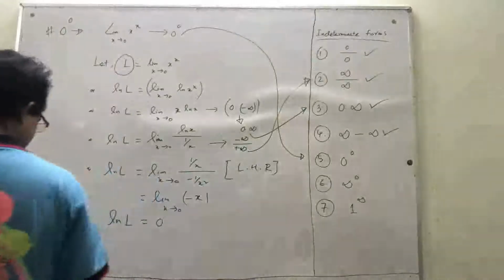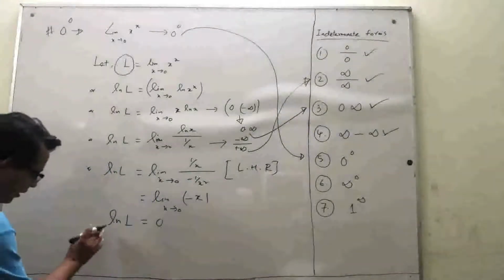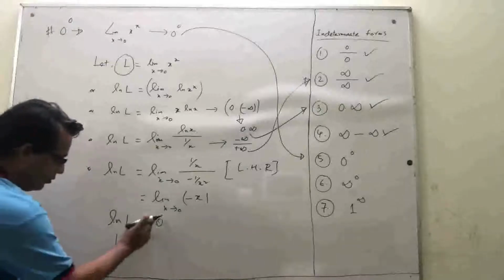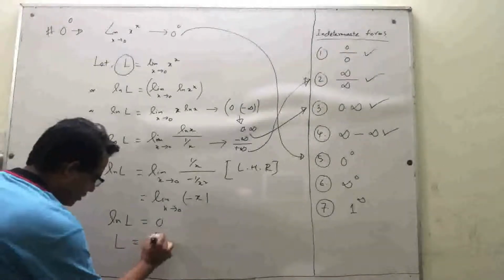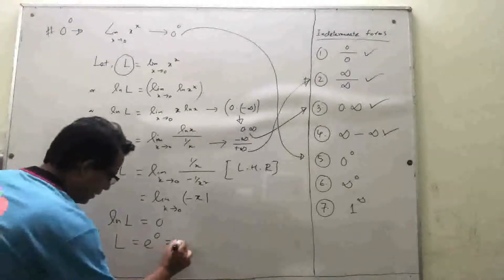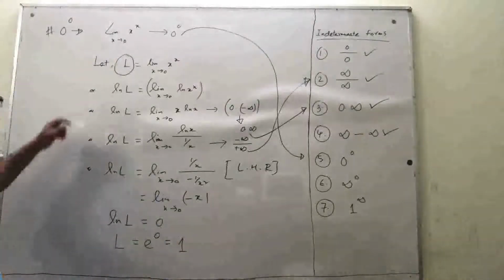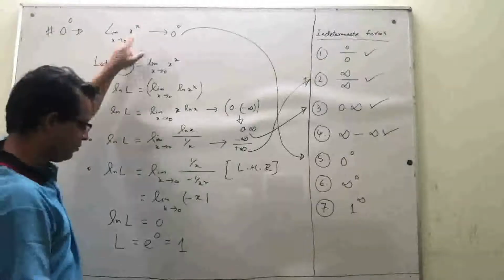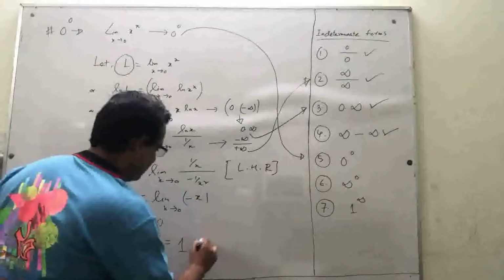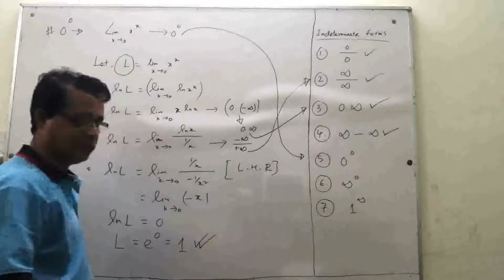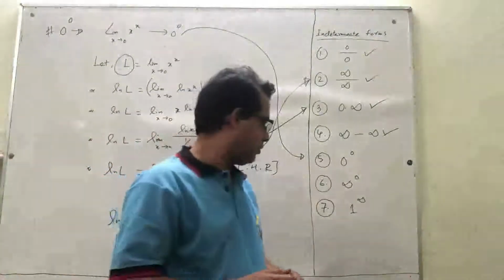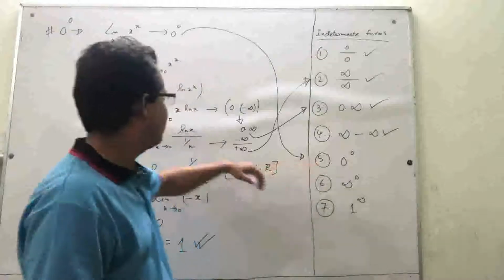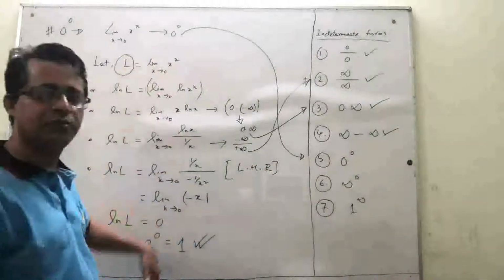By applying anti-logarithm, we get antilog of ln L equal to L. Antilog of 0 is e to the power 0, exponential 0, which is 1. Therefore, the required limit, x tends to 0, x power x, is equal to 1. This is the correct answer. X to the power x, that is 0 to the power 0, indeterminate form can be removed by this procedure.